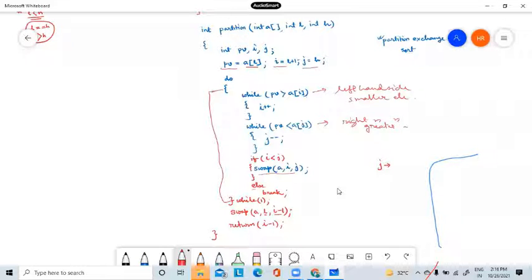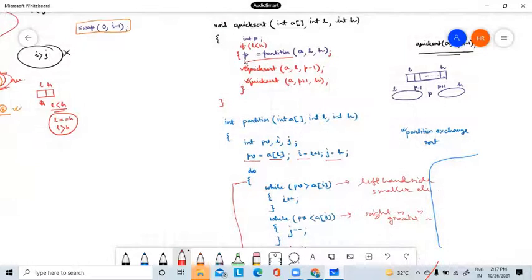Then after coming out of this repetition part, I will interchange the pivot with the i minus 1th element, and the new position of pivot becomes the i minus 1th position. So I will return the i minus 1th position to this quick sort function. Then this quick sort function will call the two other quick sort functions.